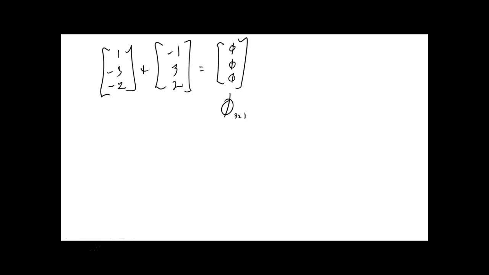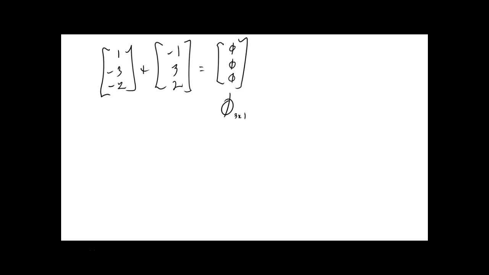Now, any two matrices that add to be a 0 matrix, of course, have to be the same size. That would be vectors, column vectors, or column matrices, however you want to call it. So this could have been done if this was a 4 by 7 matrix, as long as every element in the second one was exactly the opposite of the element in the first one.